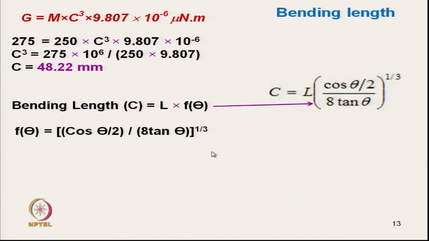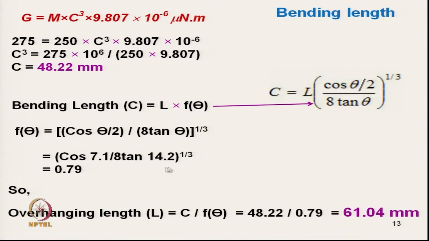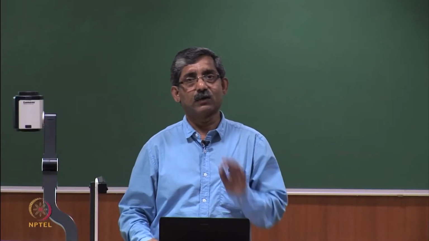Here the angle is 14.2 degree, and using theta equal to 14.2 degree we have got the function of theta as 0.79. Using this value we have got the overhanging length of 61.04 millimeter. So, we can calculate anything if we know the basic equations.